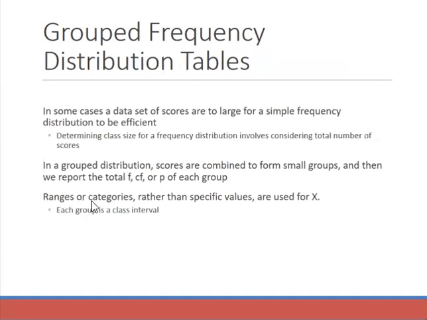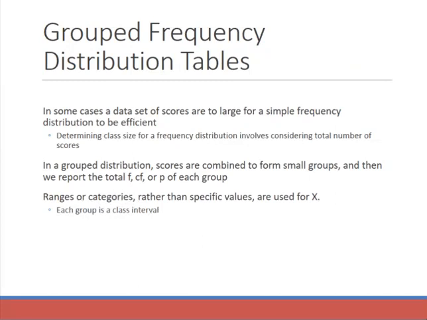So here we have ranges or categories rather than specific values that are used for X. Each group or category is called a class interval. It's important to remember when we talk about these to use upper and lower real limits.